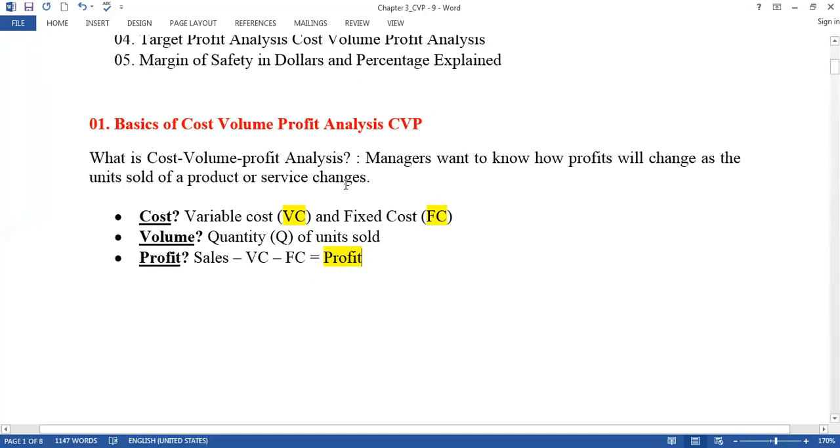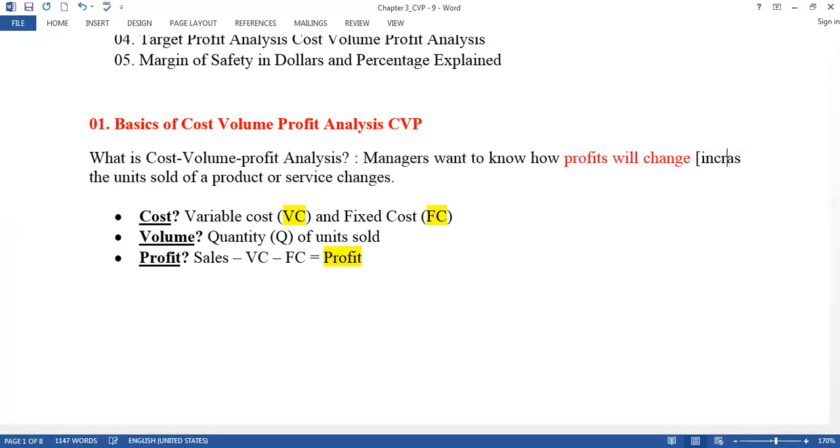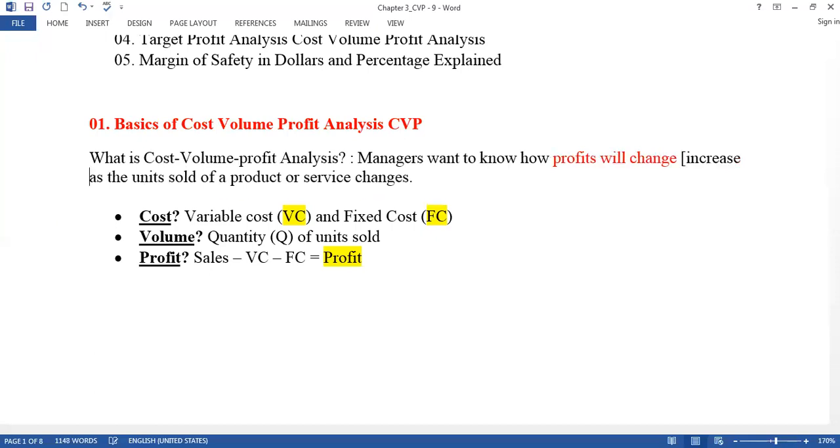Now, why do we need the cost, volume, and profit analysis? Because managers want to know how profits will change. This is important. As a manager, you want to know whether your profit will increase, or profit will decrease, or no profit, no loss.